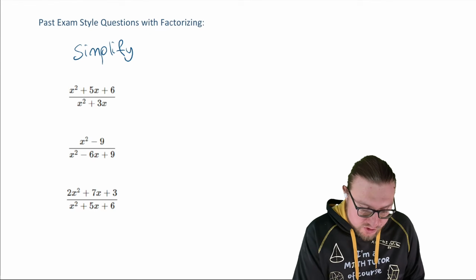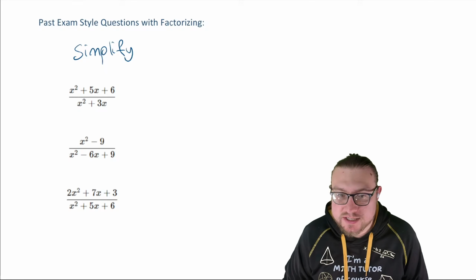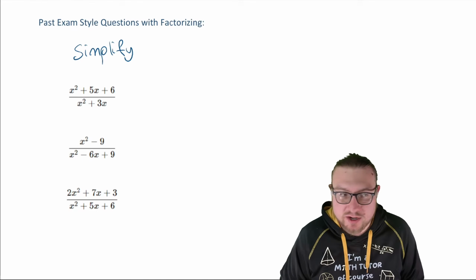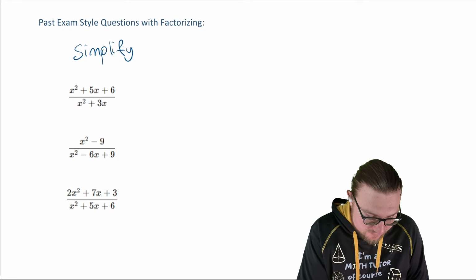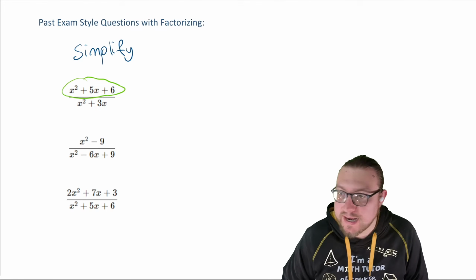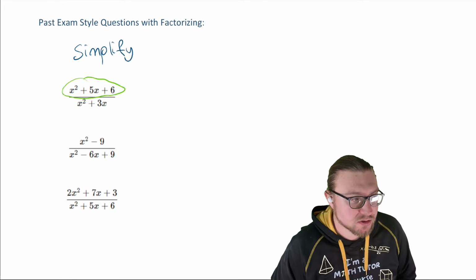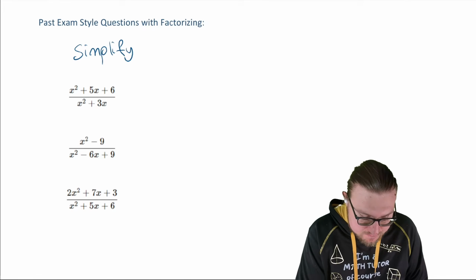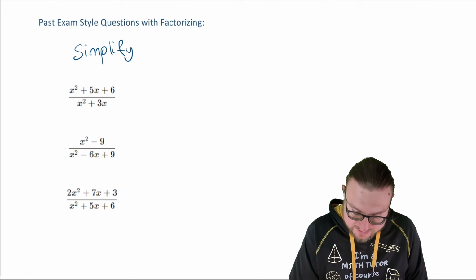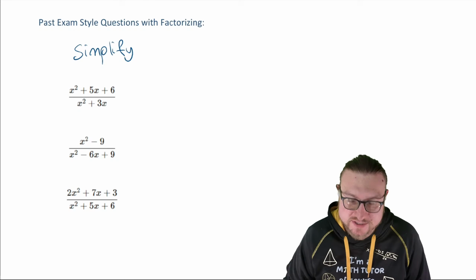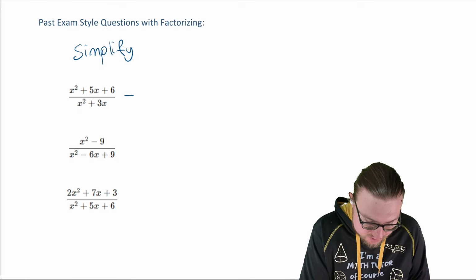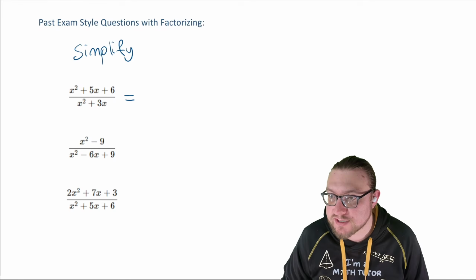Now, we still want to cancel something out, and the only time that we can cancel something out is if we have multiplication. So, instead of having a plus here, adding our terms together, we want multiplication. The way that we make multiplication, well, multiplication is times, right? So we're going to have factors. So we need to factor the top and the bottom, factorize them out.